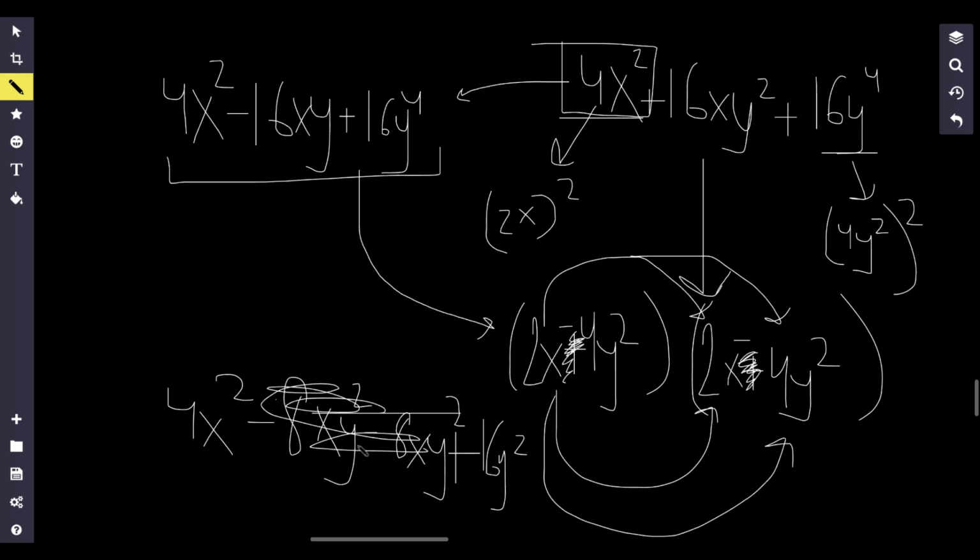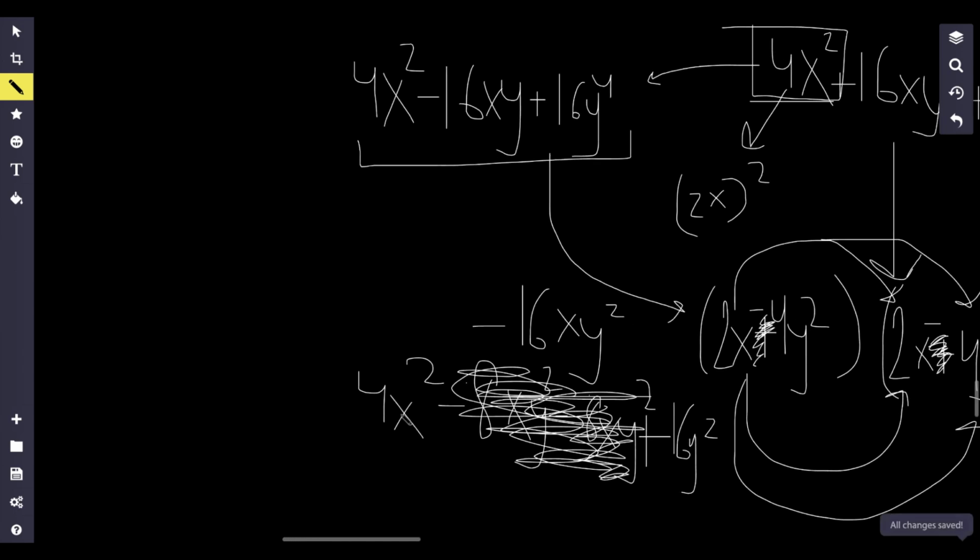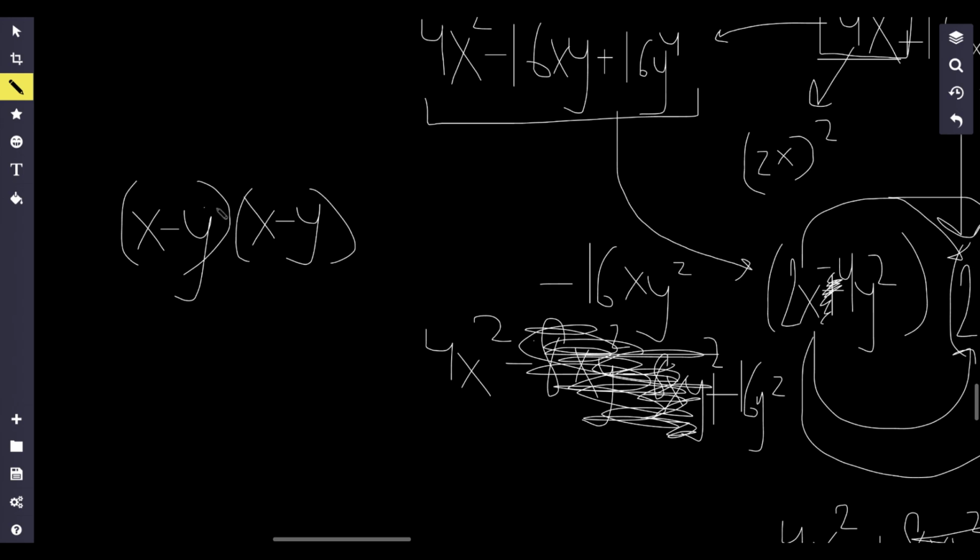And then negative 8xy squared minus 8xy squared is just minus 16xy squared. So notice, whenever you multiply x minus some number times x minus some number, your first term is going to be positive, right?